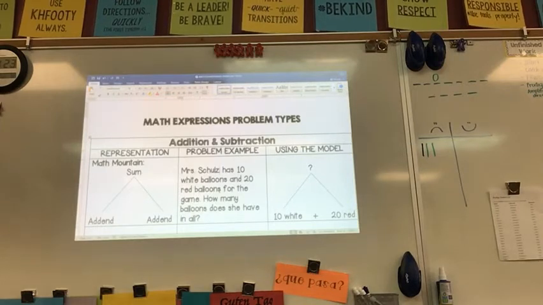There's another phrase, actually two words together, that tells me I'm trying to find a total, that I'm putting things together. What do you think, Madison? Do you see some words towards the end of that problem that are two words that tell me I'm putting them together to find a total? What words are they?